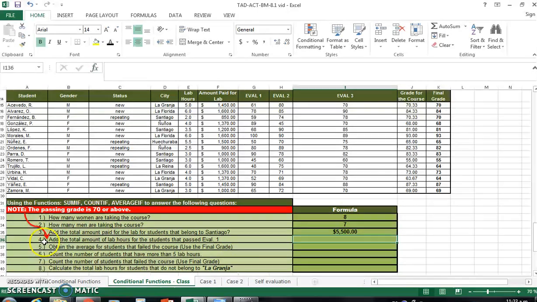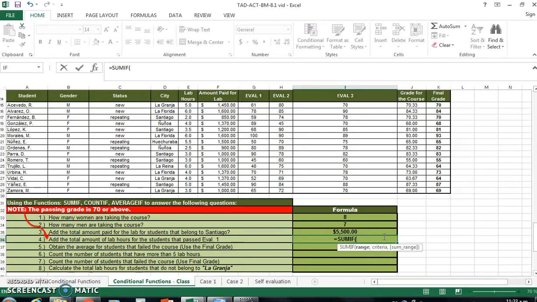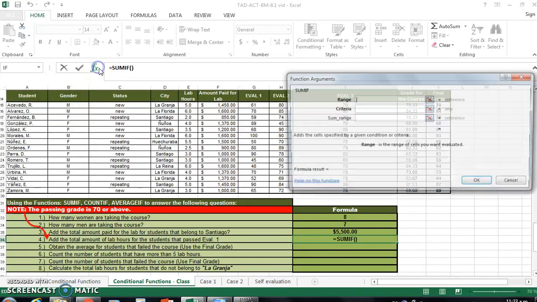Then we need to add the total amount, but now of the lab hours. So this is what we need to sum, the lab hours. This is box number 3, for the students that passed evaluation 1. So our VIP criteria is this one, passing of evaluation 1. Let's start with equals, and then again SUMIF, parenthesis.